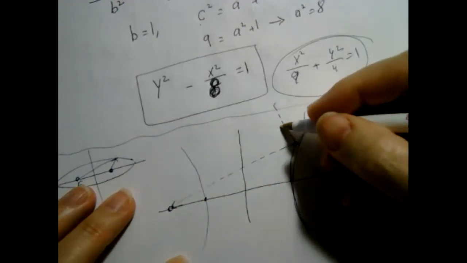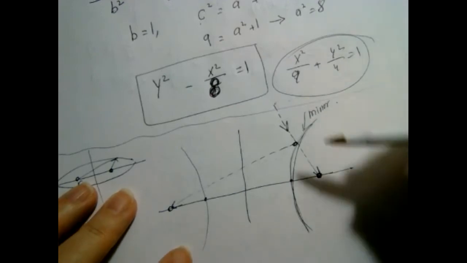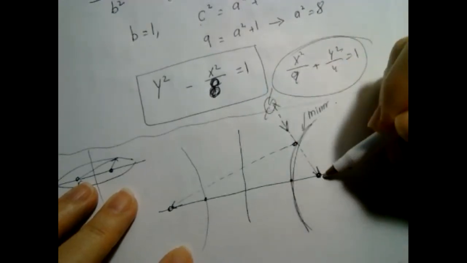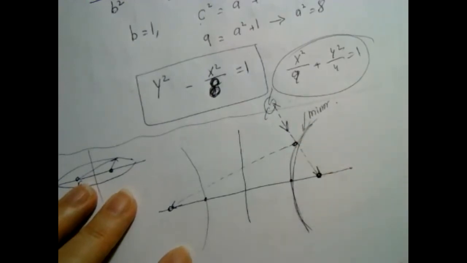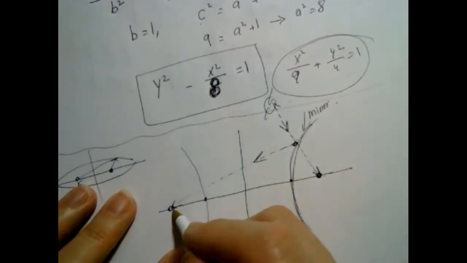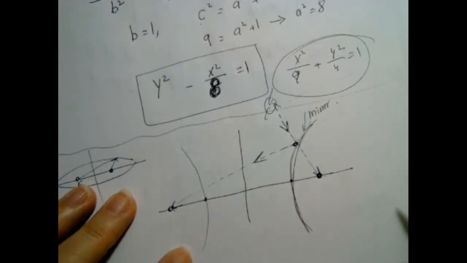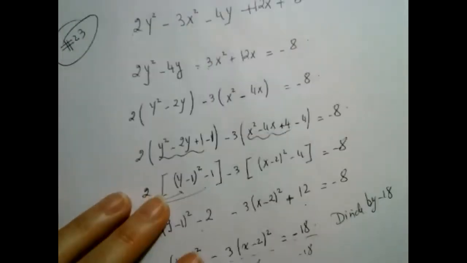That will be its direction. Those ideas are used in building mirrors and stuff like that. So that's really the important property of the foci, which is why they matter.